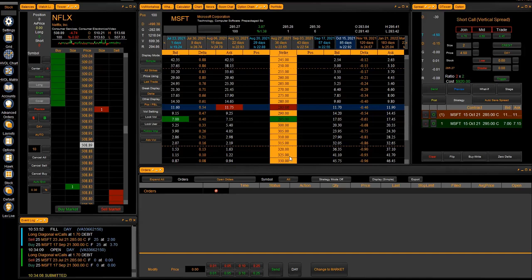Because if the stock price goes way up higher, what can we lose? We can lose the difference between our strikes, which is $10, less the credit we get for it, which is $4.60 in this example. Right? Exactly. So with this short call spread, we want spot to stay below 285. That's where we make the most money from that. That's where we make our $4.60.